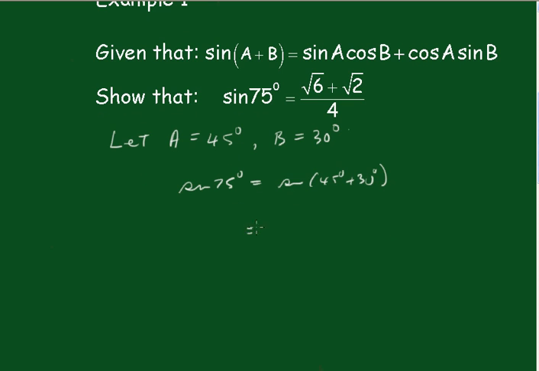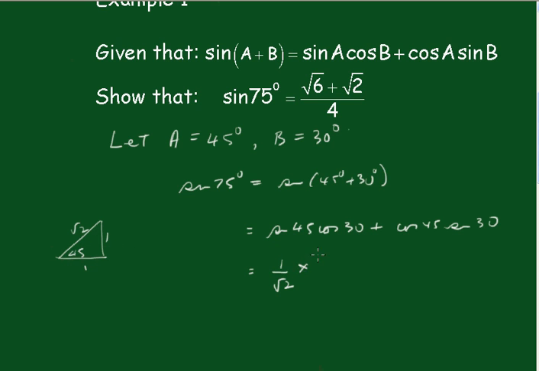So that will be equal to the sine of 45 cos 30 plus the cos of 45 times the sine of 30. From your exact values, recall that the sine of 45 is 1 over root 2. Coming from that little diagram, we've got a 1, 1, 45, Pythagoras root 2. So the sine of 45 is 1 over root 2.